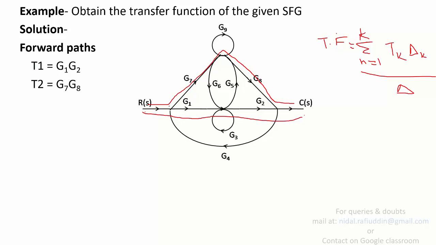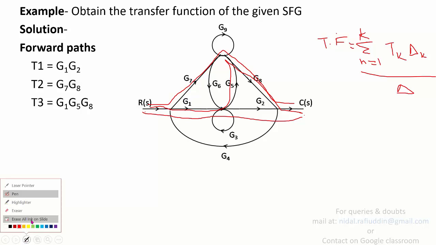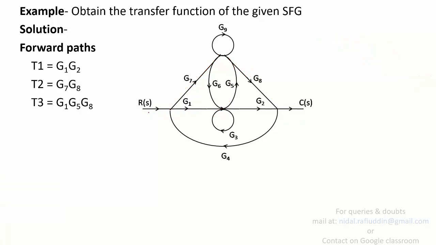The third forward path is G1, G5, G8. And the fourth forward path will be G7, G6, G2. Apart from these 4 forward paths, I don't see any other one.